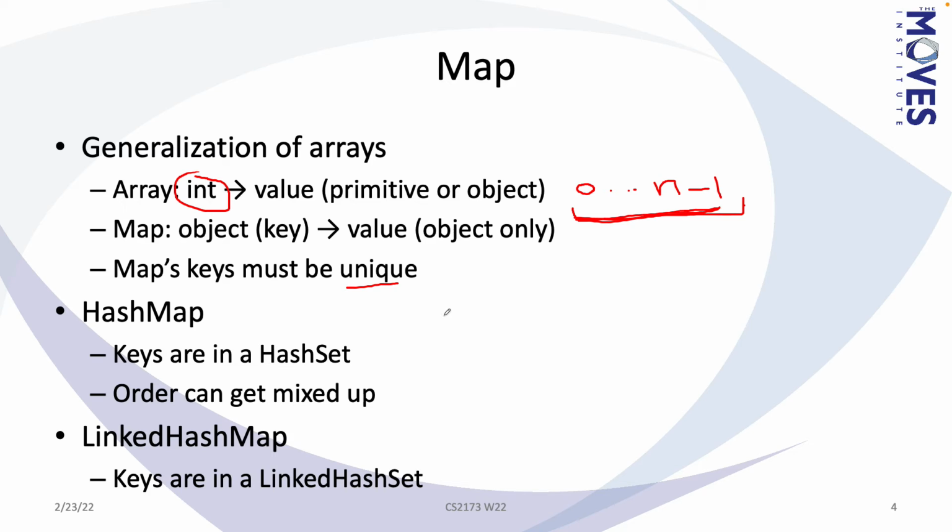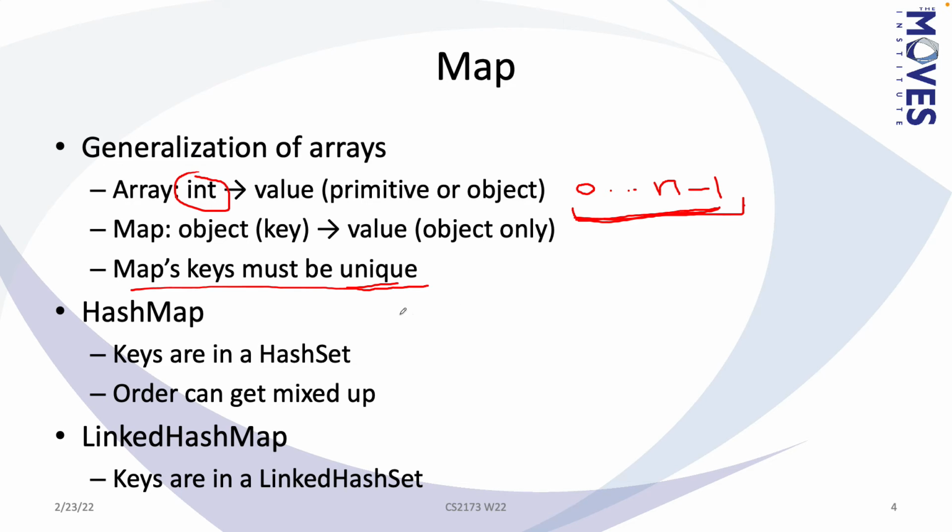Okay, there are three implementations of this, and the difference is what kind of set is used as the keys. The fact that the keys have to be unique suggests that using a set for the keys is a natural way to go, because sets can only contain unique objects.